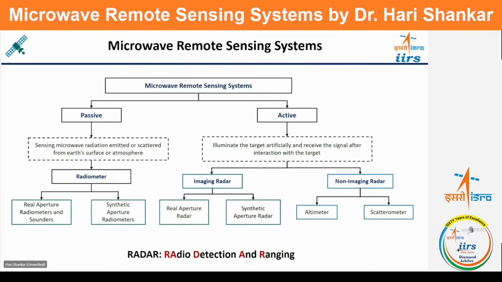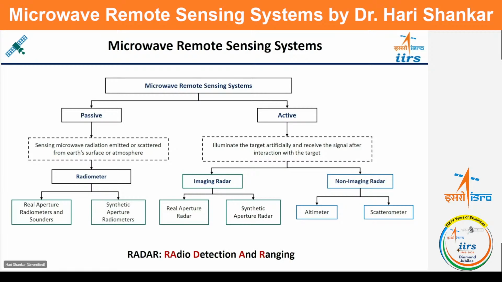It means they can carry the information of the earth surface during the rainy season also, during fog also, during cloudy situations also. And in optical cases, suppose clouds are there, you cannot acquire the images. Only the cloud surface will come into the optical images. So the point is, these microwave systems have many advantages over the optical and thermal remote sensing products.